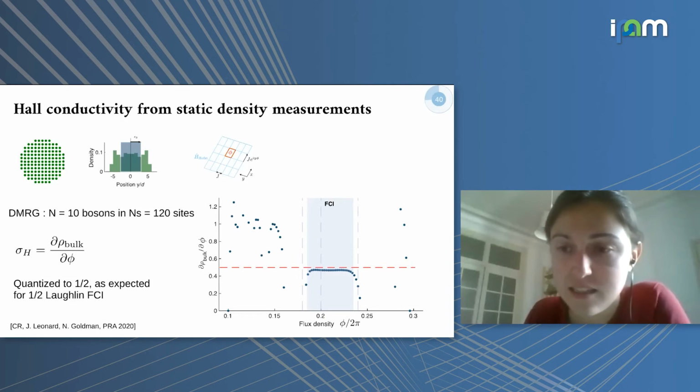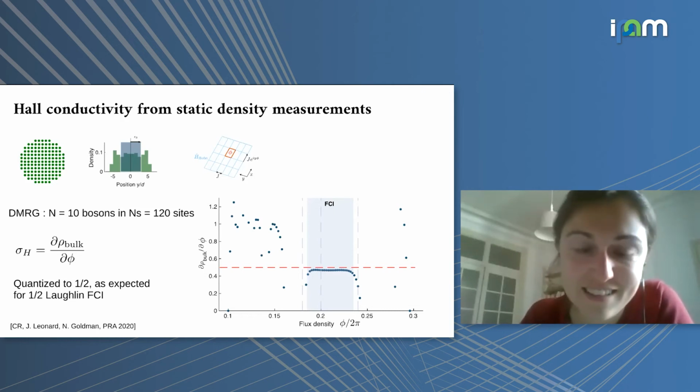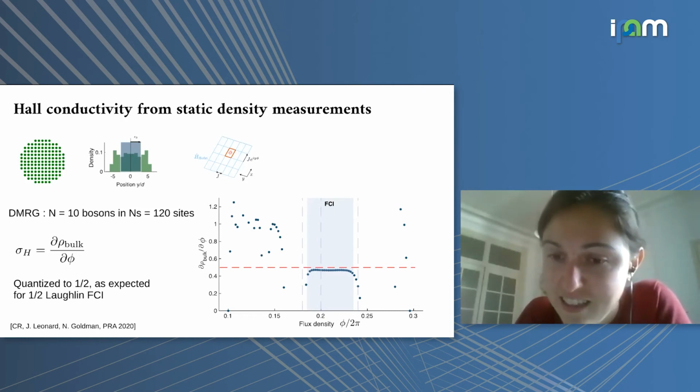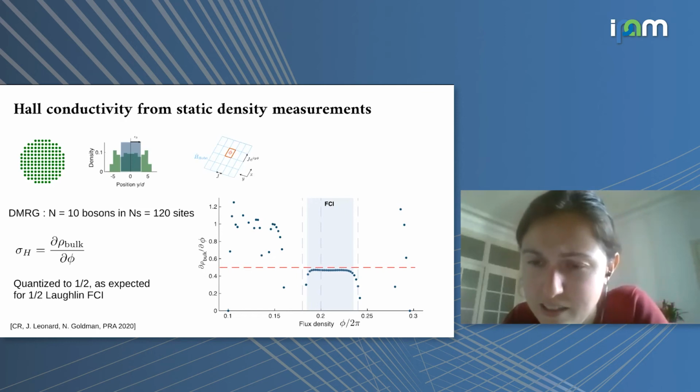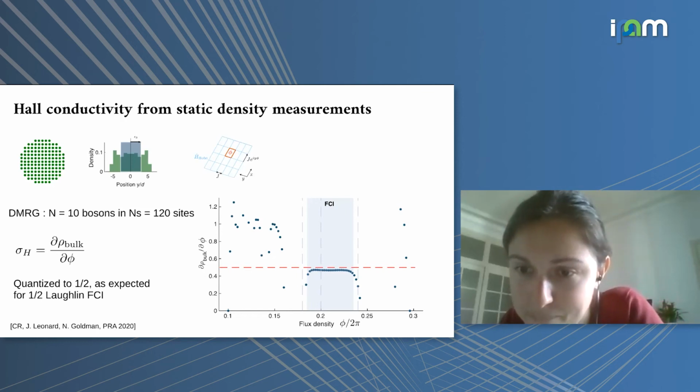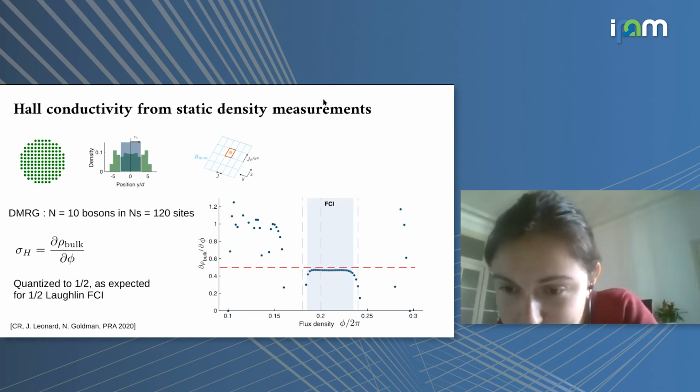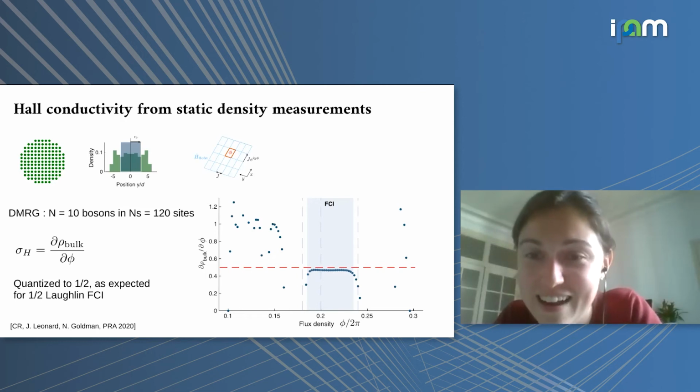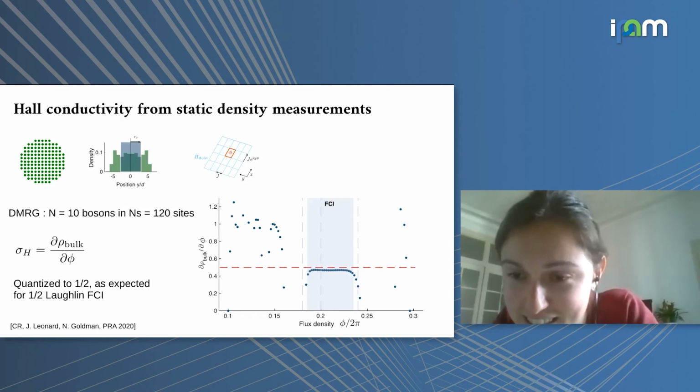Cécile, I have a stupid question, but why don't you have any points in some region of phi on the right-hand side? There's a large region of phi where I don't see any points. Yeah, that could be. Maybe it's not important. Sorry. I hope that I didn't mistakenly hide them.